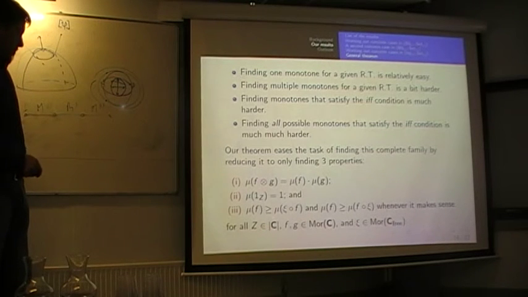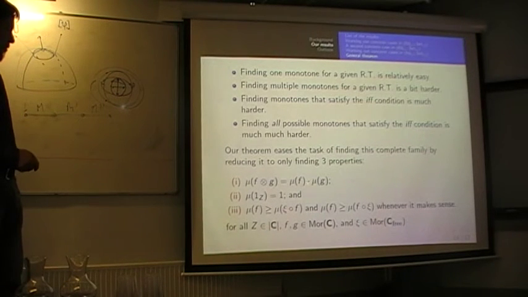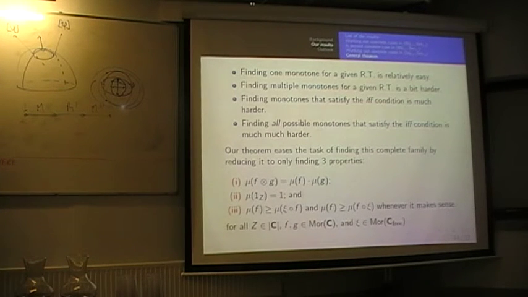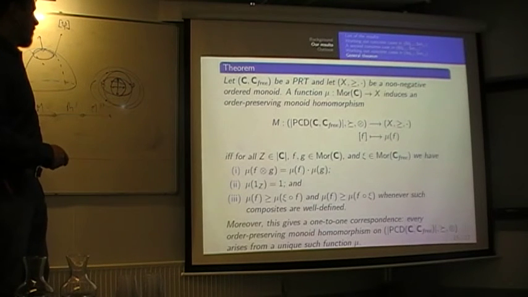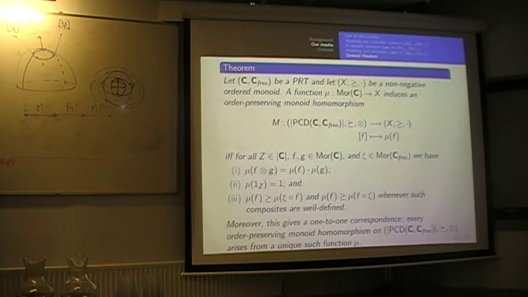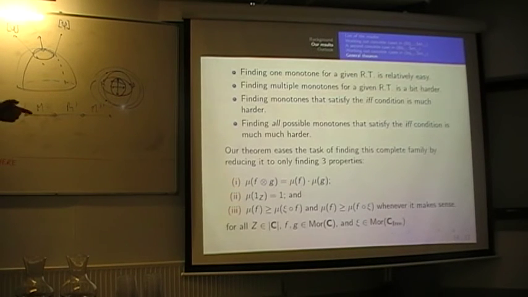But this theorem says, for all of these, we just need to find that these 3 properties hold for that particular monotone. So here's the actual theorem, which is harder to read. That's why I reduced it to explain these 3.